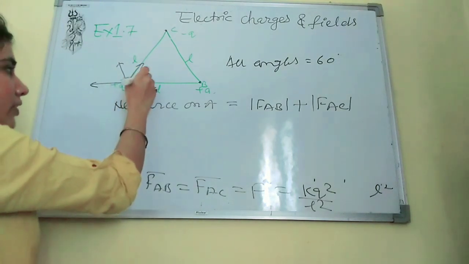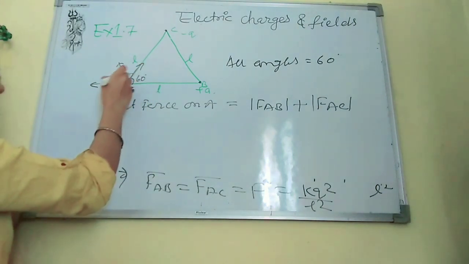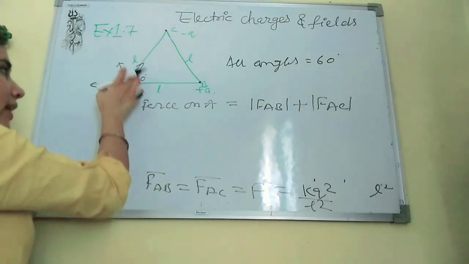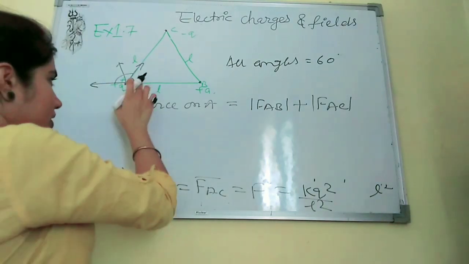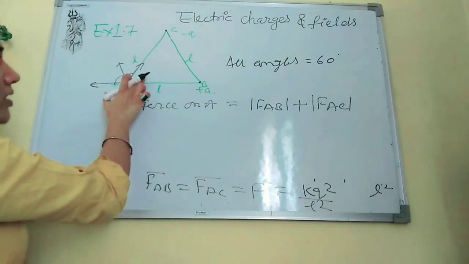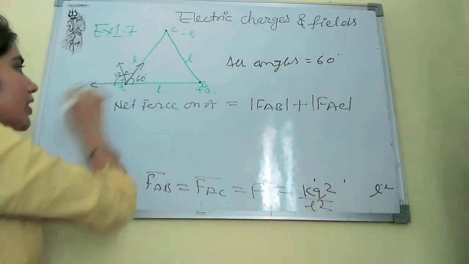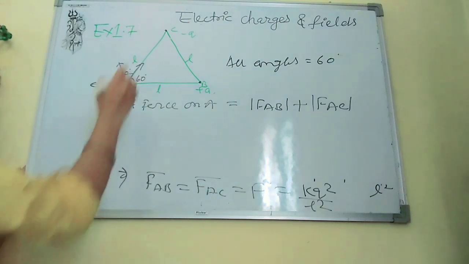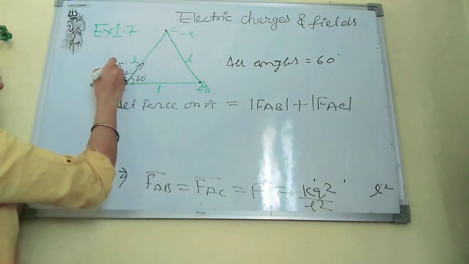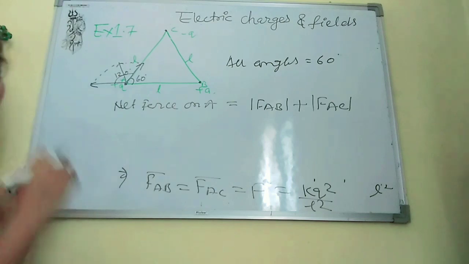If it is a 60 degree angle, then this angle will be, the whole angle is 180 degrees, so we subtract 60 from 180, that will be 120. So this angle will be 120. We will simply apply the parallelogram law.